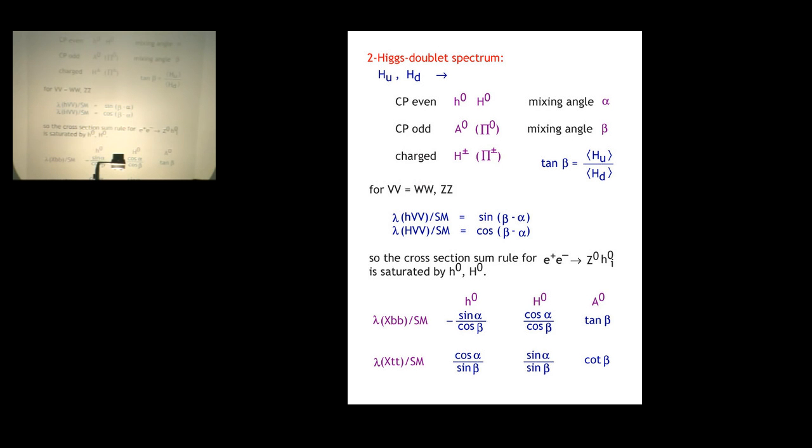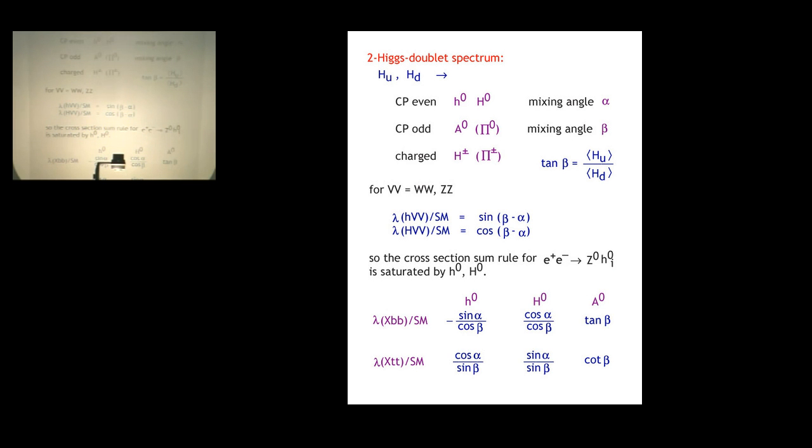heavier Higgses. First of all, I'll remind you a little of the 2 Higgs doublet spectrum. This again starts with 2 Higgs fields, which are doublets of SU2. The states of those fields are listed here. A little h and a capital H, which are neutral and CP even and mix with an angle called alpha.